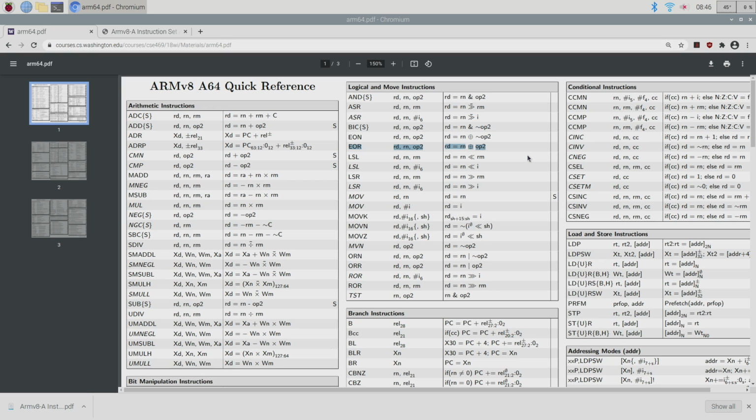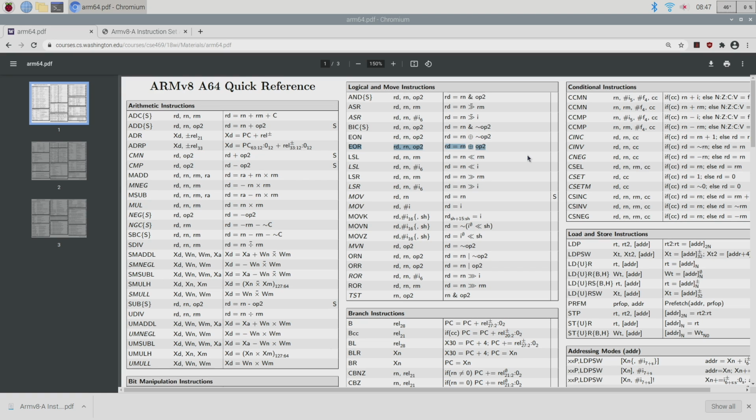Okay. So we've got the logical instructions. Is there a NOT instruction there to logically negate? Not directly, but could you build it out of what we have? Yes.